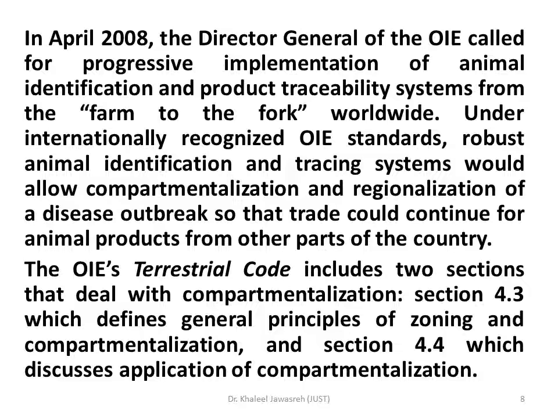Also, the OIE Terrestrial Code includes 2 sections that deal with this, the compartmentalization section, which is section 4.3, which defines general principles of zoning and the other things. So it's very important to deal with such information.